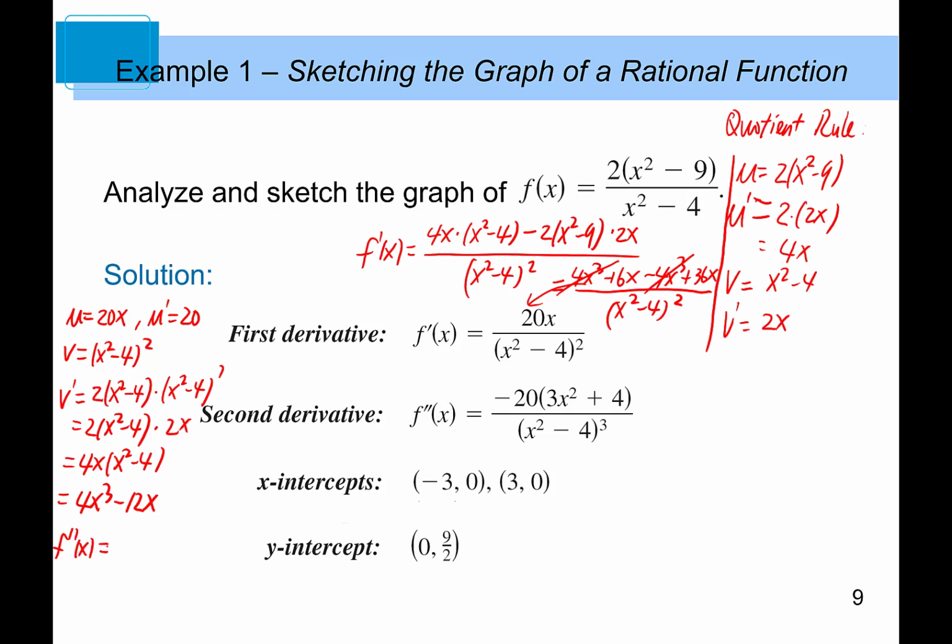Because u prime is 20 times v, which is (x squared minus 4) squared, minus u v prime, 20x times v prime, that's 4x cubed minus 12x, divided by v squared, so it's ((x squared minus 4) squared) squared, which makes it to the fourth.